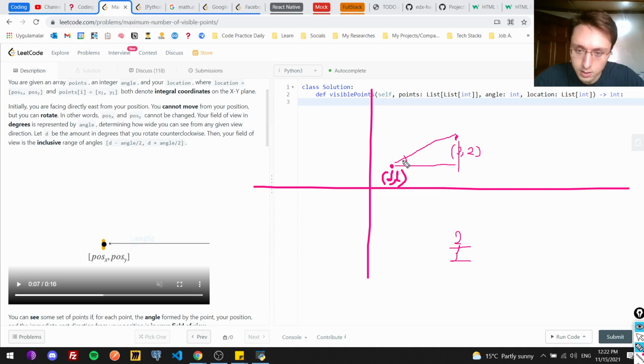So I see this, say that this is x, right? So is this tangent? How do I find this degree?